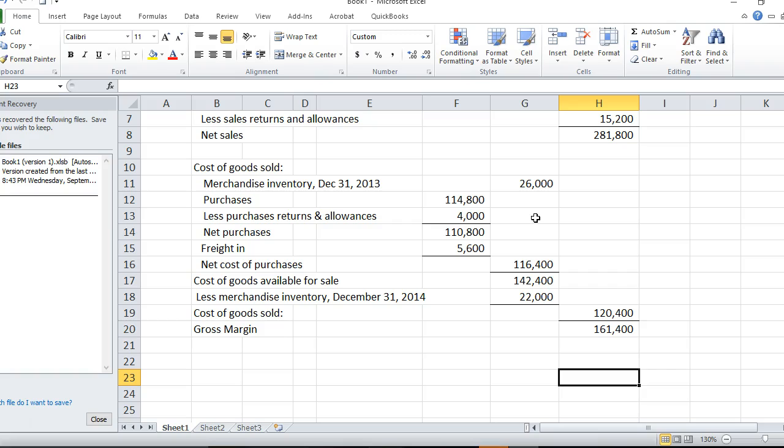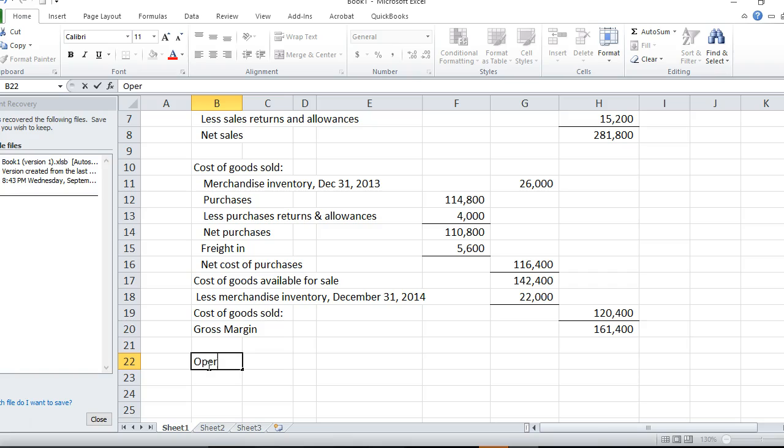Okay? Don't get caught up in, am I putting everything in the right spot? It's just a manner of because we've got so many accounts we're dealing with, we're using these various columns just to add the numbers and flow them over. So our gross margin is at 161.4. Then everything else is going to stay the same.